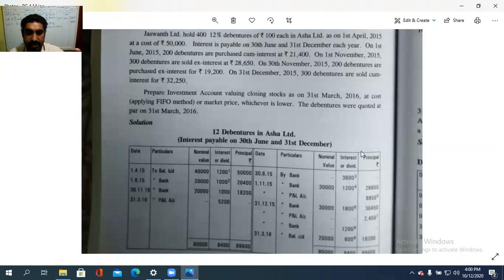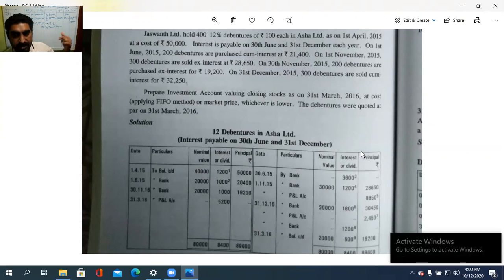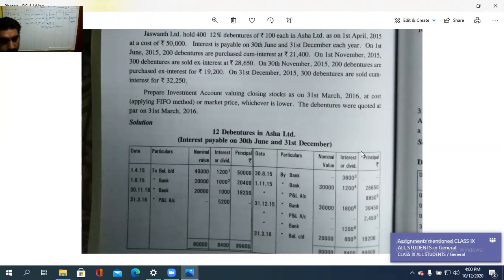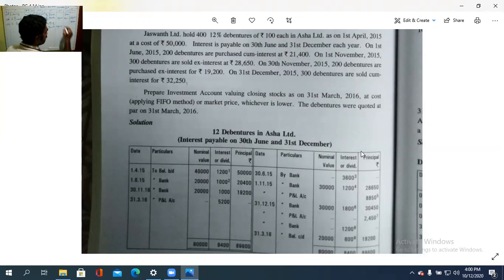Which month? 31st December is one and 30th June is another. So this sale is on 31st December. So Jan, Feb, March, April, May, June, till next June we need to calculate. So it is 1,800. And out of the 1,800, that 32,250 amount is included.